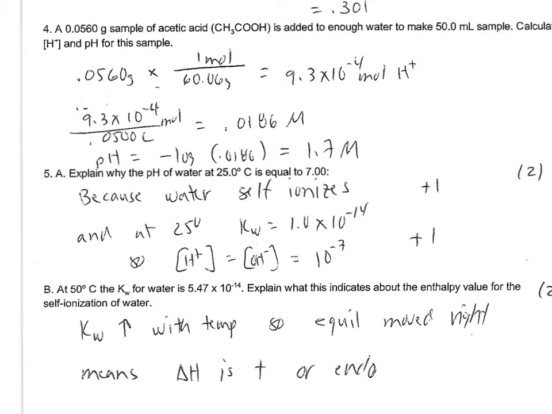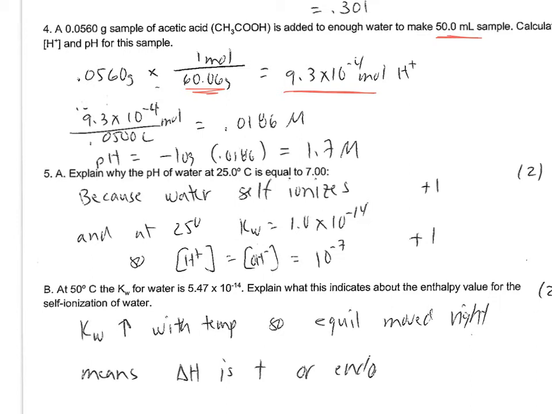Well, I need to know my concentration of H plus in there, so I have to take my 0.0560 grams of acetic acid, divide by the molar mass of acetic acid, which happens to be 60.06. So we're really talking 9.3 times 10 to the minus 4 moles of H plus coming from that acetic acid. I divide that by the volume of it, which is only 0.05 liters.